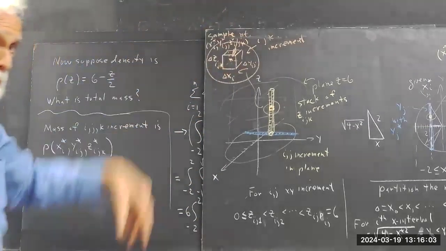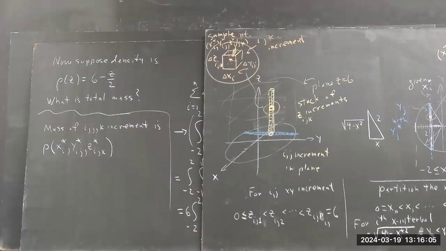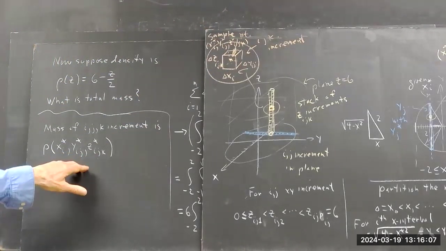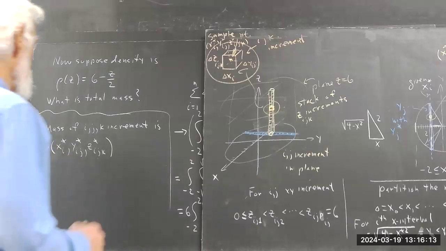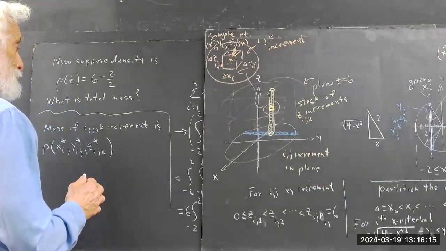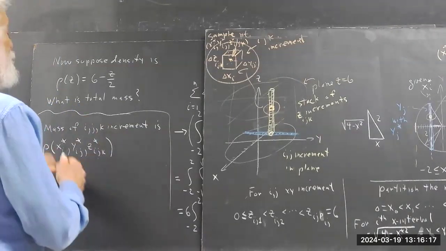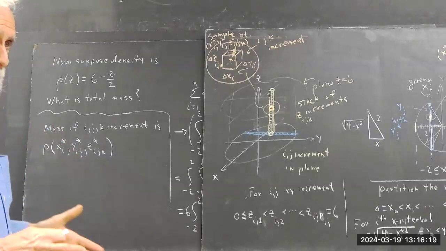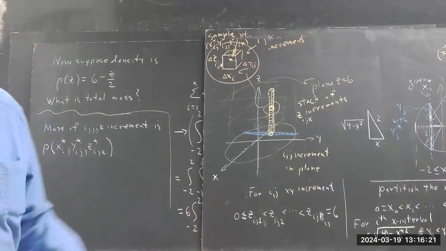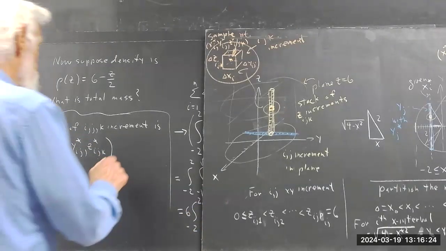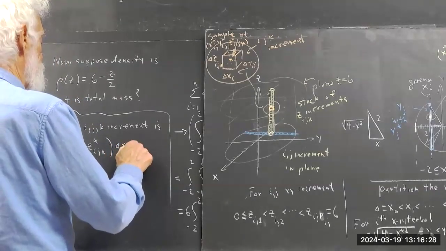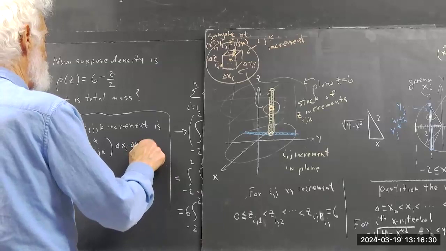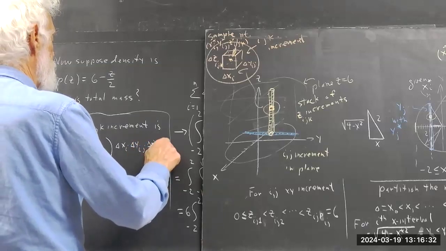I wrote it up here, but it's hard to read. But that should be obvious. If not, think about it, reconstruct it. That's the mass density times the volume. You multiply mass density by volume, you get the mass. So that's then times delta xi, delta yj, delta zk.